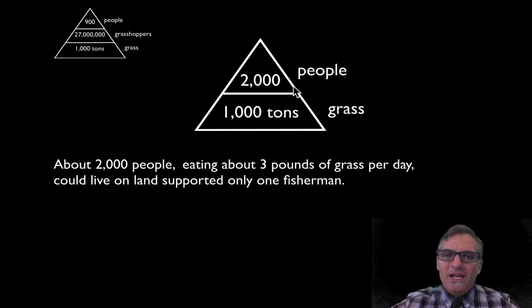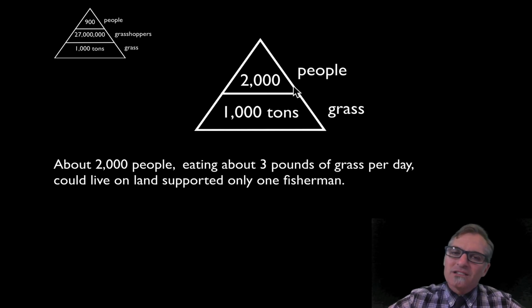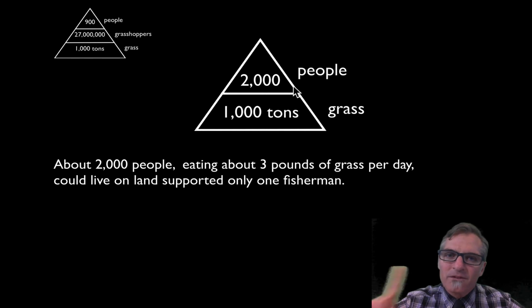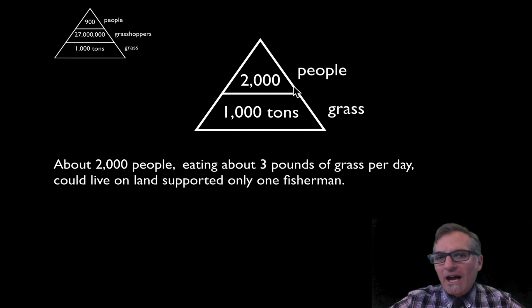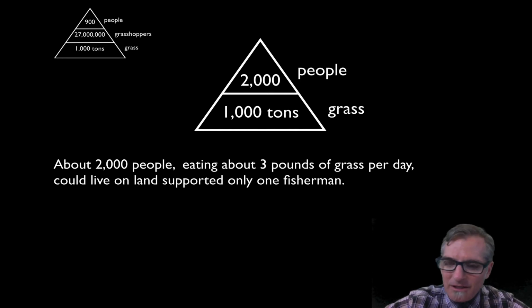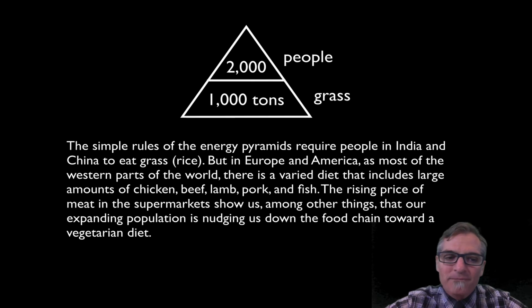So remember, on the same piece of land or the same space that all those producers are growing, that 1,000 tons of grass that supported 1 fisherman, if you were to remove those three trophic levels, it's going to support 2,000 people.